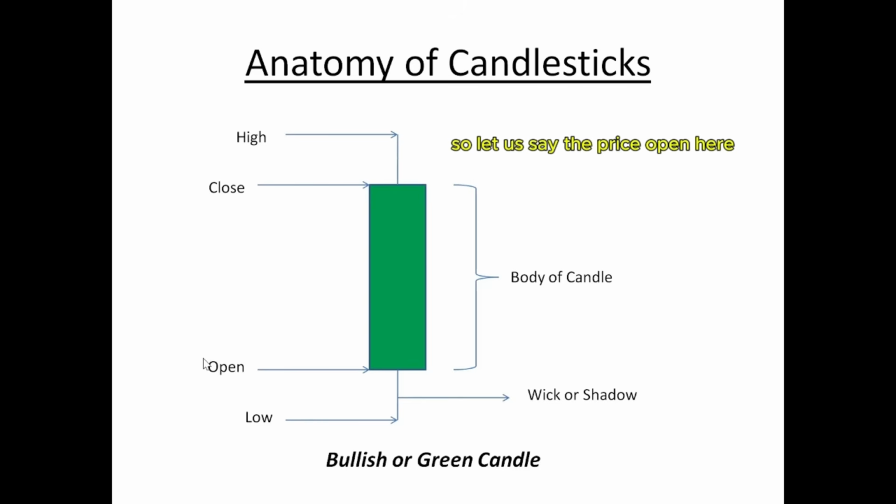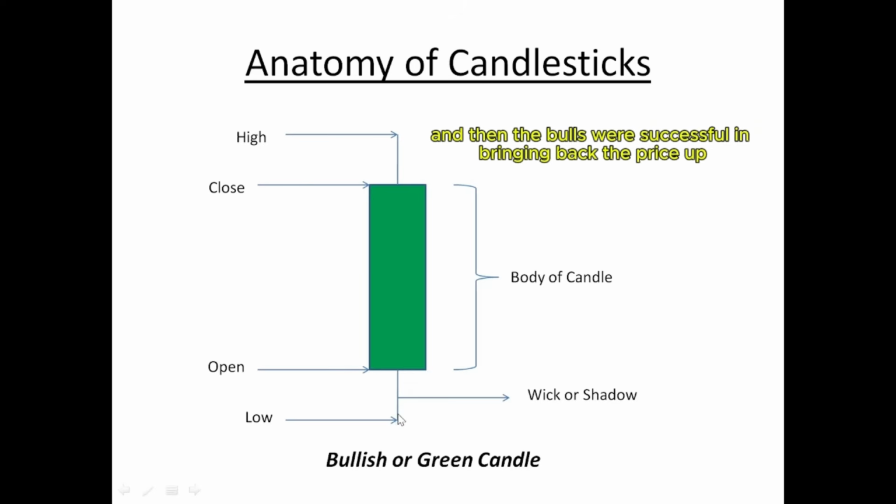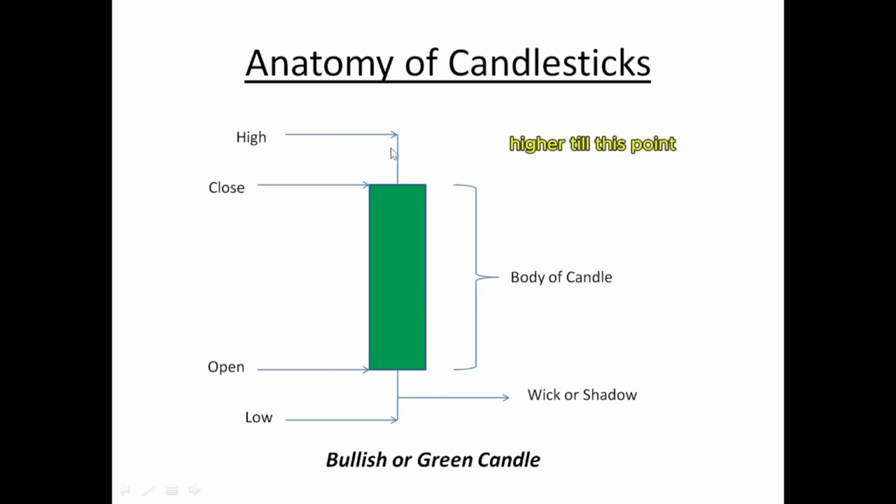So let us say the price opened here, it went down till this point, and then the bulls were successful in bringing back the price up higher till this point. Then price dropped to this point and finally closes here. If you observe here, the open of the candle is less than the close of the candle.